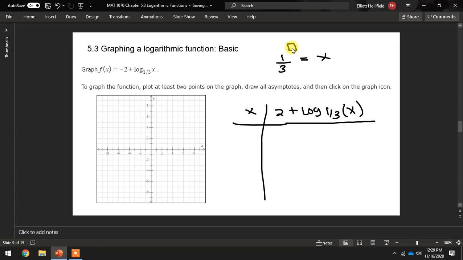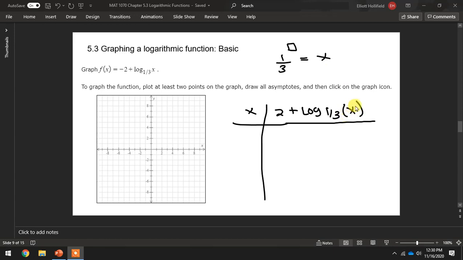So what will happen when we plug in -1 here? If we fill in this blank with -1, that's this fraction raised to the -1 power. That gives us 3, and so x is equal to 3.